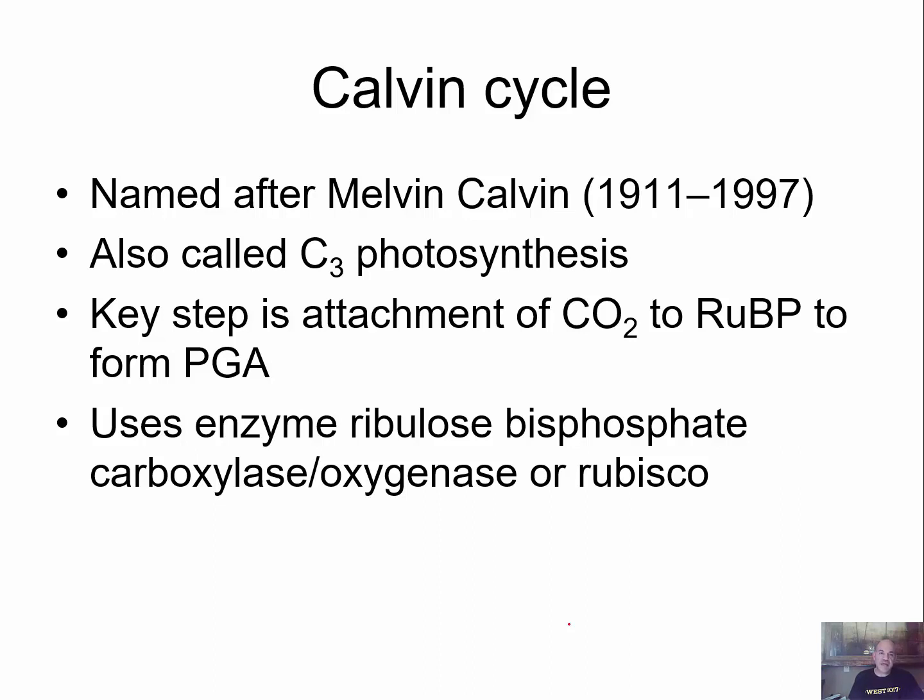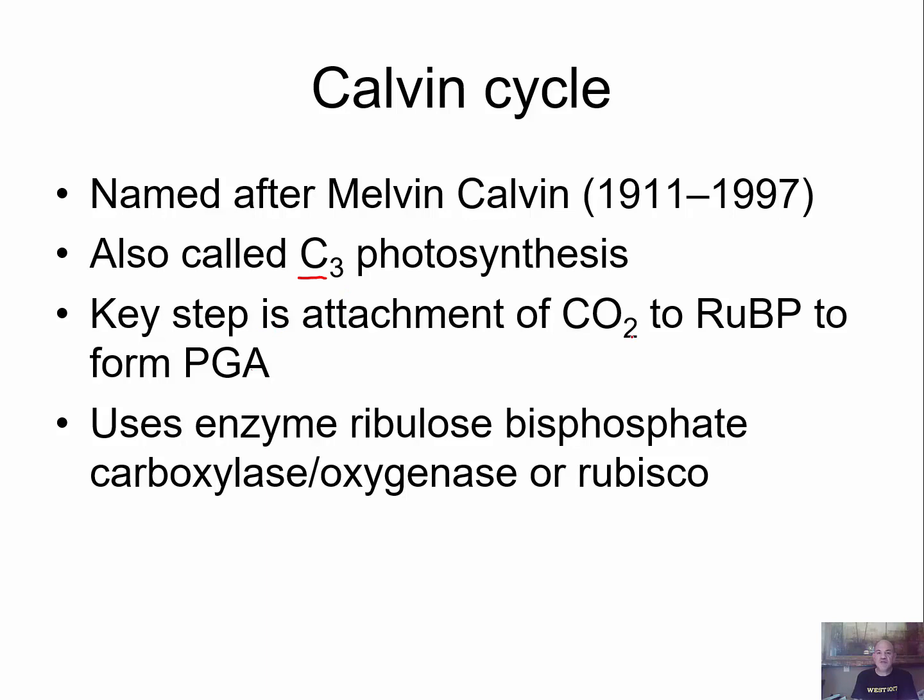These were named after the Calvin cycle, which is named after Melvin Calvin, and this Calvin cycle is also called the C3 cycle because the first product made after carbon is fixed is a 3-carbon compound. When carbon dioxide comes in and gets attached to intermediates of the Calvin cycle, it immediately produces a 3-carbon compound.